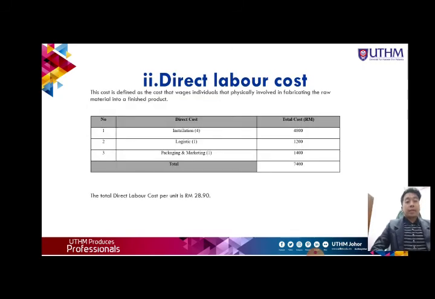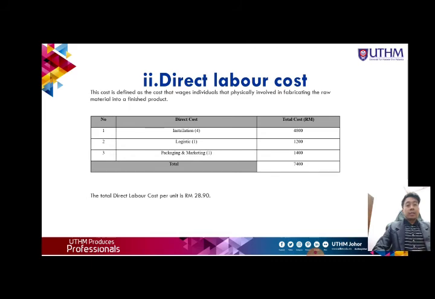And the second one is direct labor cost. Direct labor cost defines the cost of individuals who are physically involved in fabricating the raw material into a finished product. As I mentioned earlier, there is no fabrication in our warehouse or production line.